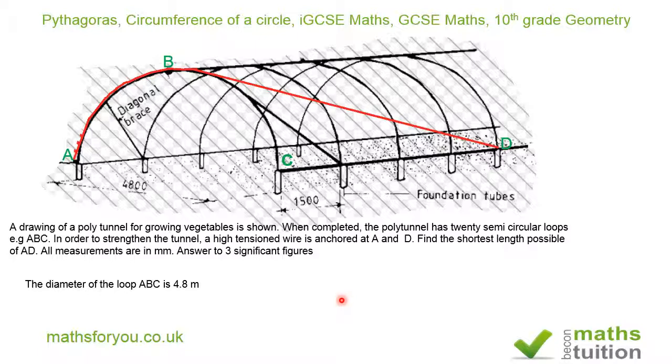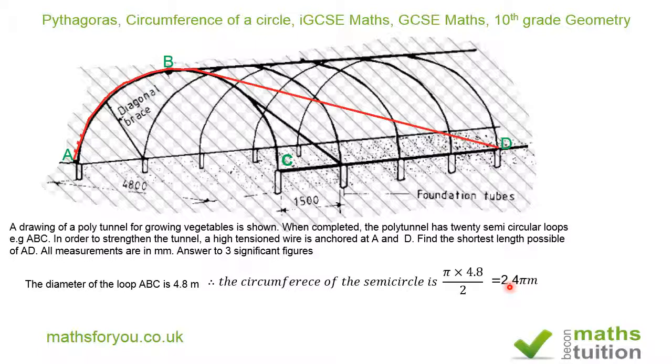We need to find the circumference of this loop, and because it's a semicircle, we have to divide the circumference by 2. So the circumference is going to be pi times 4.8 divided by 2, and that gives us an answer of 2.4 pi meters.